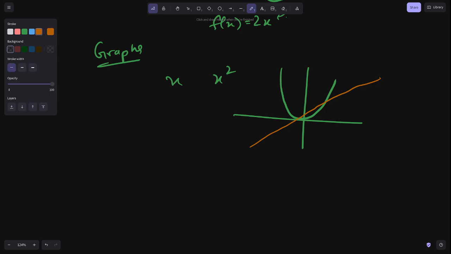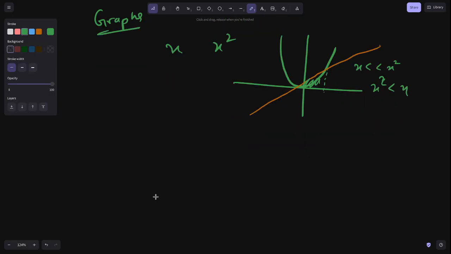If you notice, after a point x is much less than x square, but there is some area where x square is less than x as well. So you can do some analysis. You need to know how graphs look.